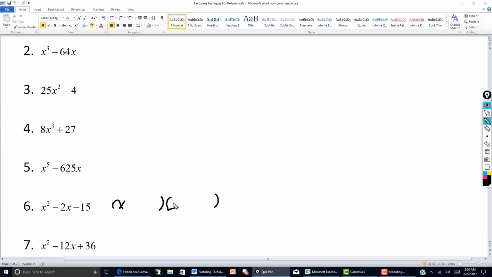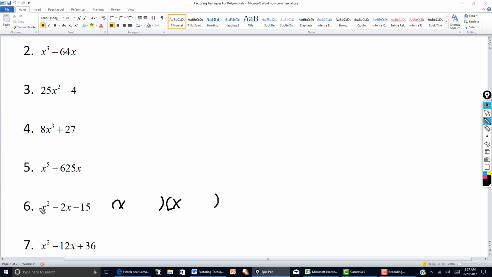For the 15, we have several choices we could use. We could use 3 and 5, 15 and 1, and we put them right in here. That's the second terms of these binomials. And keep in mind that if the first term is positive x squared here, we look at the third term.